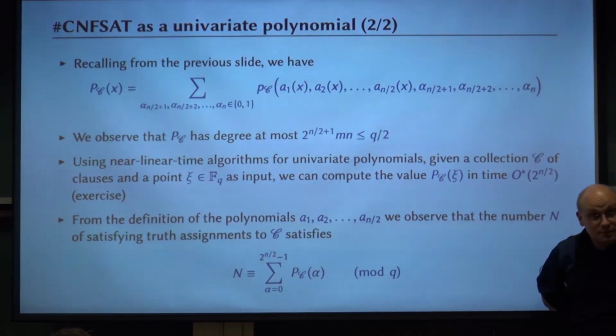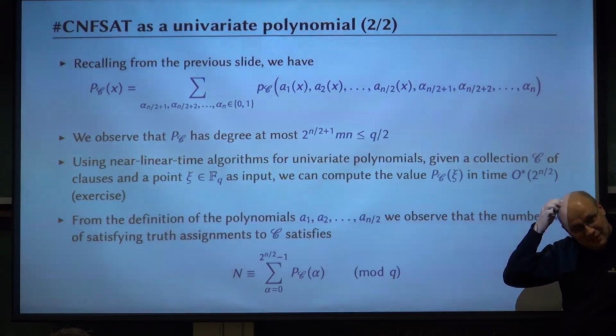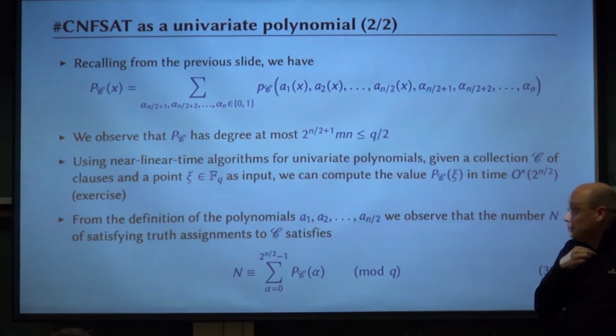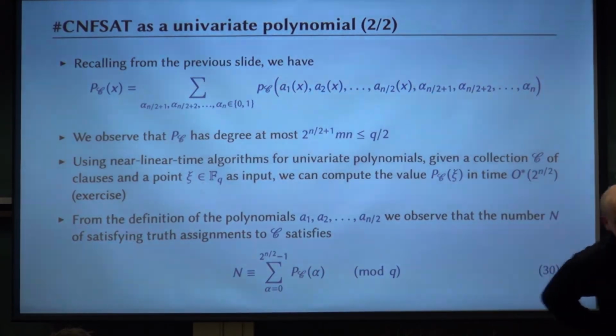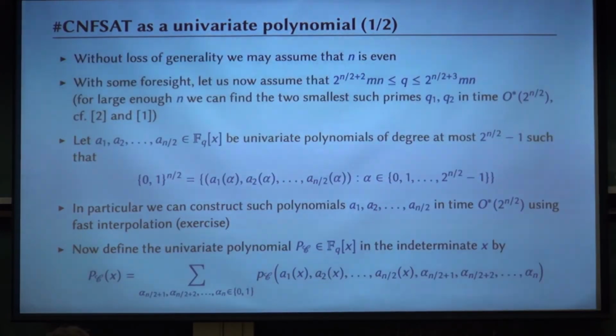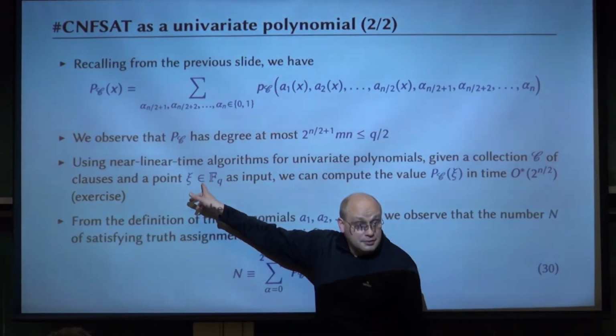I ask you about this exercise. Is it straightforward to compute it? Yes, but you need to be careful. It's straightforward, but remember that you're not working over 0, 1 values. The catch is that this may be any element in the field.